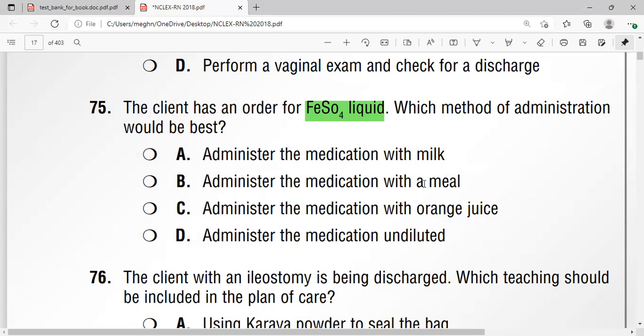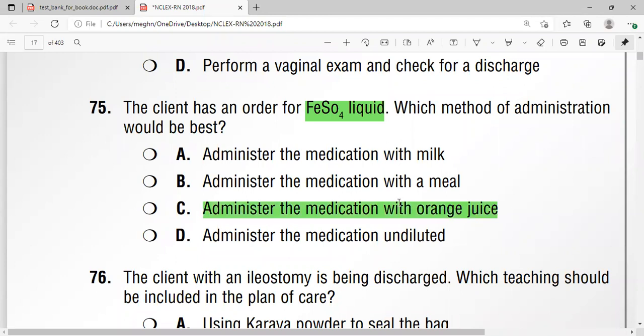B, administer medication with food. C, administer the medication with orange juice. And D, administer medication undiluted. What is the correct answer? The correct answer is C, right? Administer the medication with orange juice.